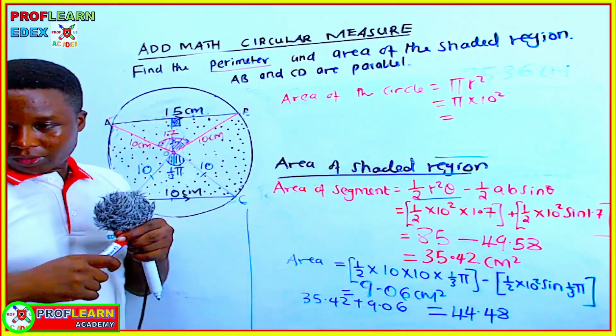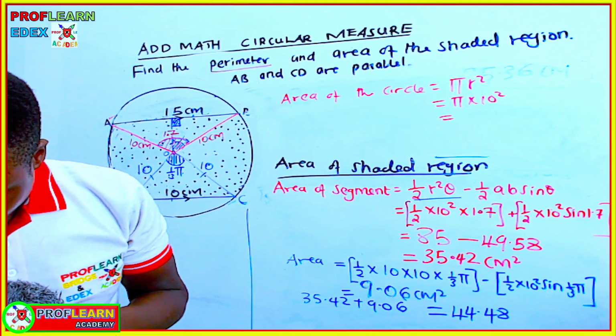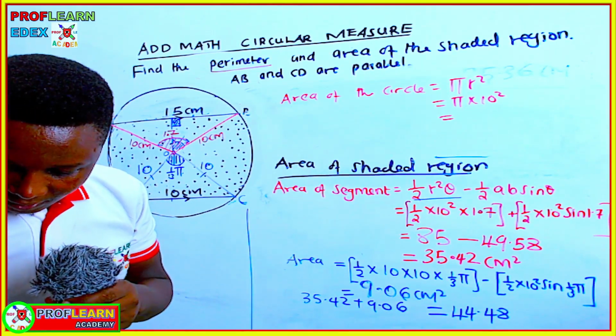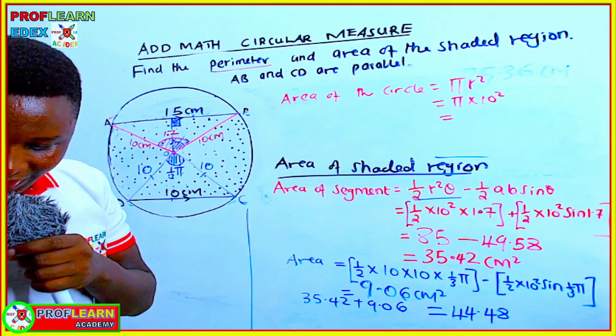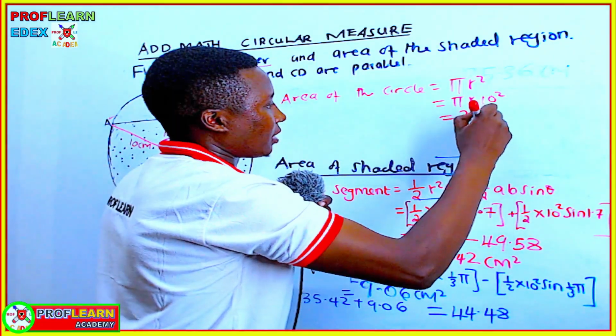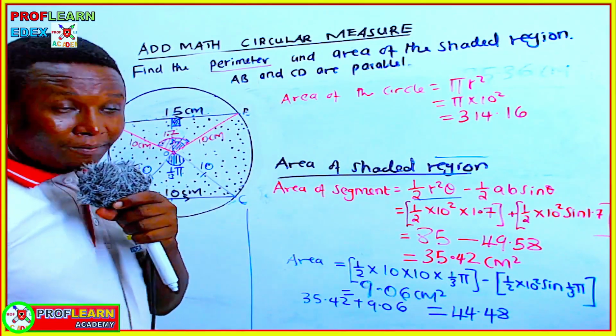If we work it out, I'm finding my answer is 314.16. That is the area of the entire circle.